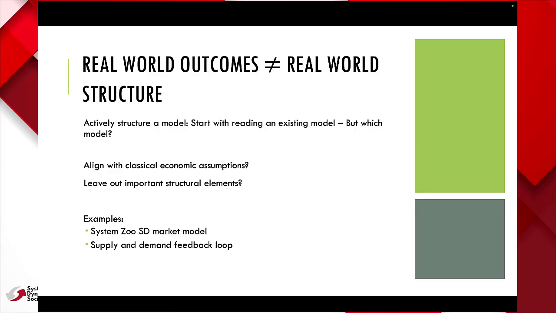The other caveat that I wanted to share with you is that real-world outcomes are not real-world structure. So even if we are able to make a model that shows the outcomes that we see in general in the economy, it doesn't mean that we understand the structure of the economy.